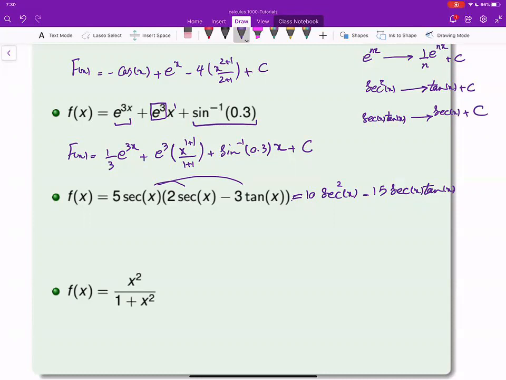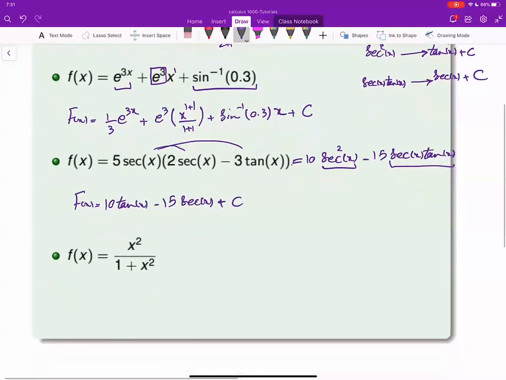So here, use the sum and difference of antiderivatives and the constant multiple rule. You get 10 times antiderivative of secant squared, which is tan x, minus 15 times antiderivative of secant x times tan x, which is secant x, and then plus c.